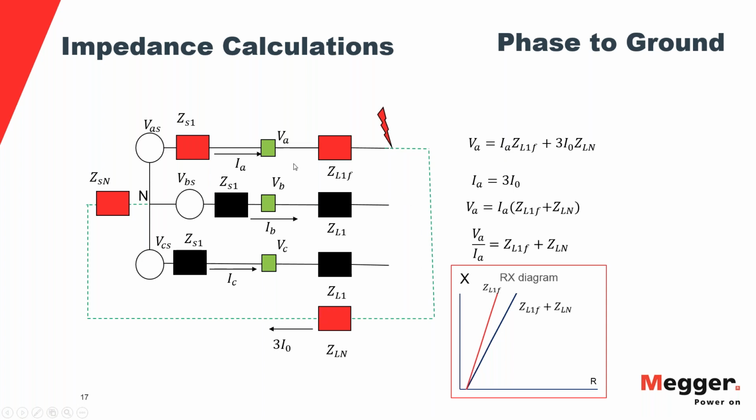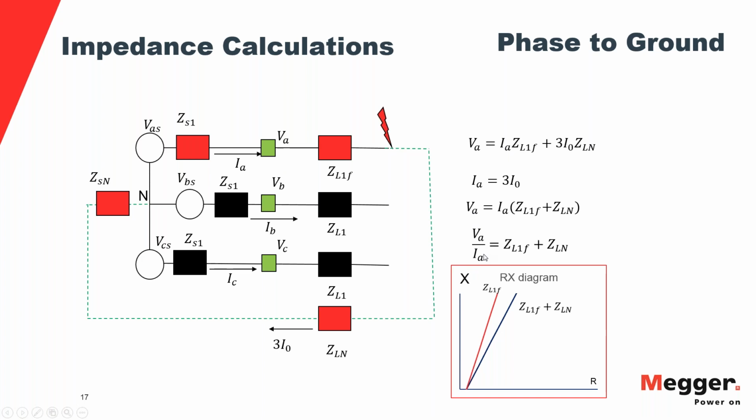If you see, they're in series over here, so that then we have VA equal to I times the positive sequence impedance of the line plus 3 times I0 times the impedance of the neutral. So in this case, we say IA equals 3I0, so we can take a common term here, IA, and then we can calculate the impedance in this case as VA divided by IA.